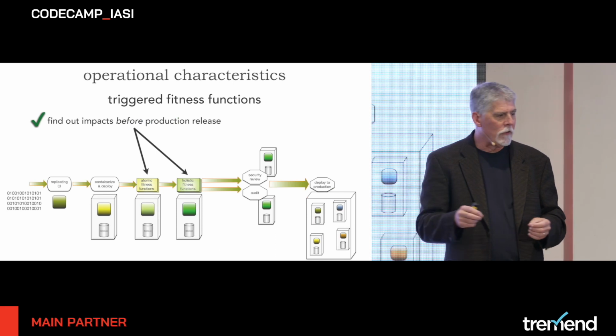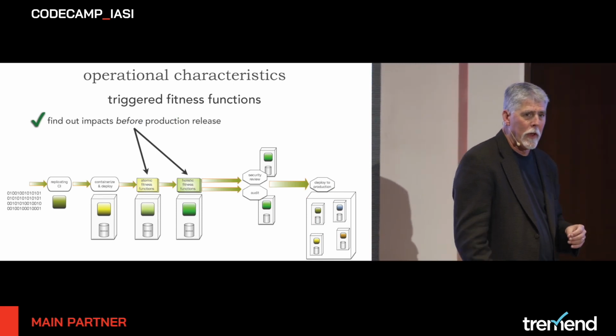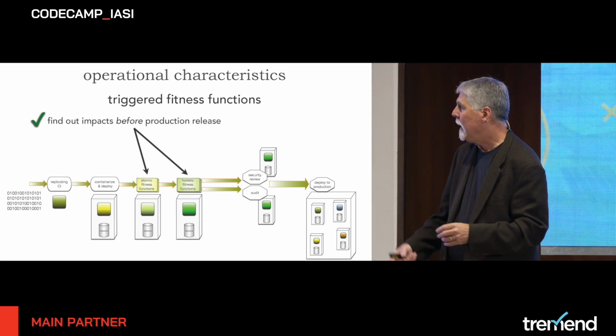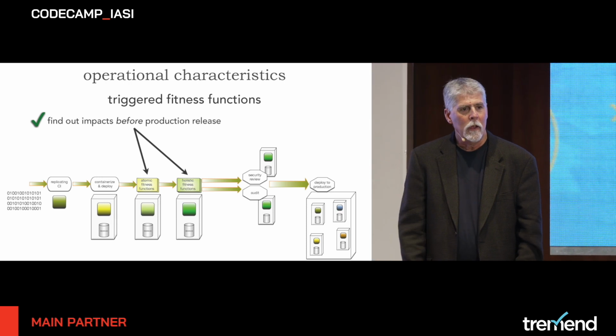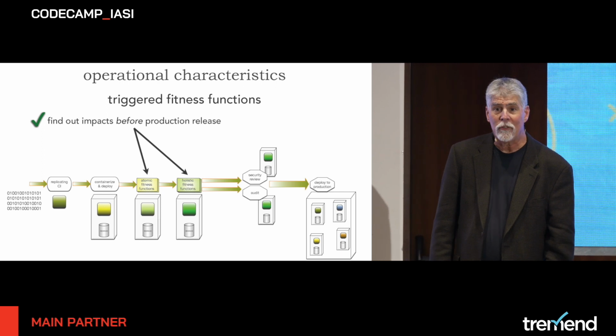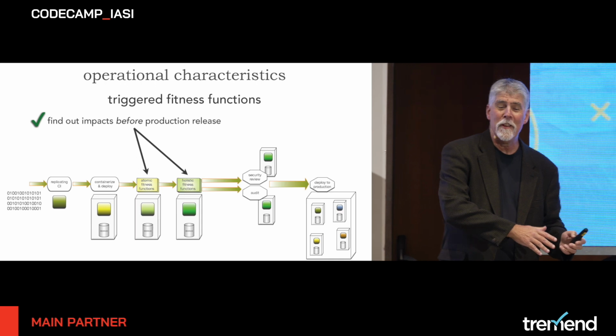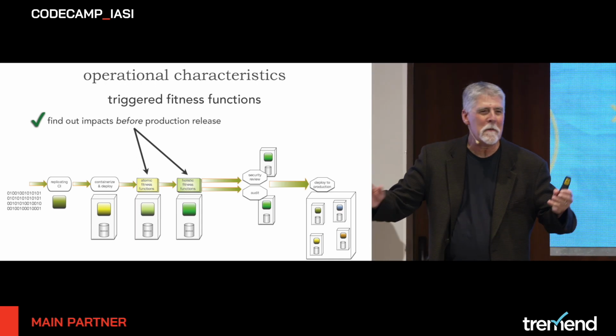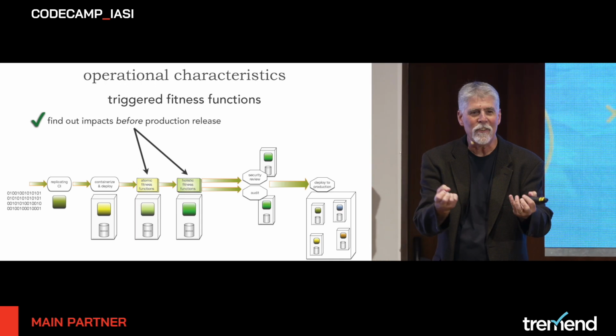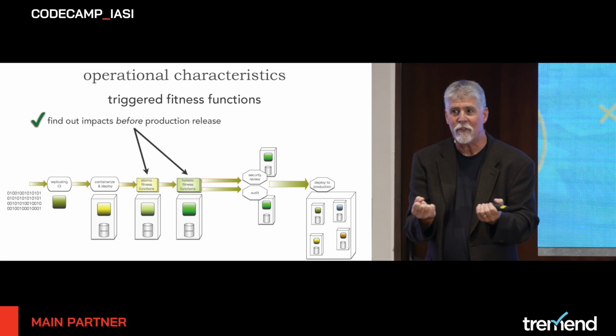With triggered fitness functions through a CI/CD pipeline, the nice thing, and the huge advantage, is we get to find out if we've impacted something in the structural aspect of our system. This is totally separate from the functionality. This is the structure, like that bridge.